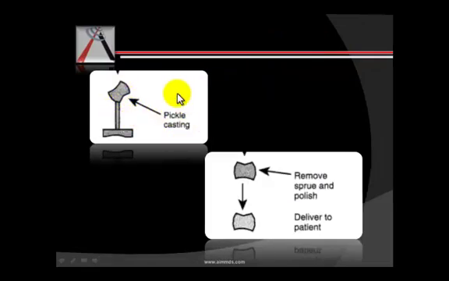Whatever impurities settle on the casting are removed by a process called pickling, which we'll be talking about later. After the pickling, the sprue that has been attached to the casting, which is now filled with metal, is separated out, and the casting is then finished, polished and delivered to the patient. So this is the basic process of casting, and with this we'll move on to detailing of these steps.